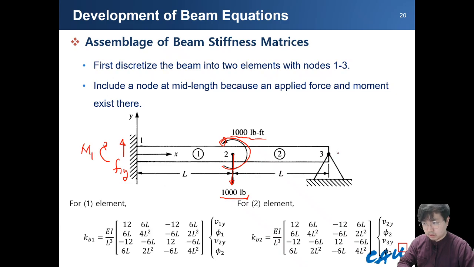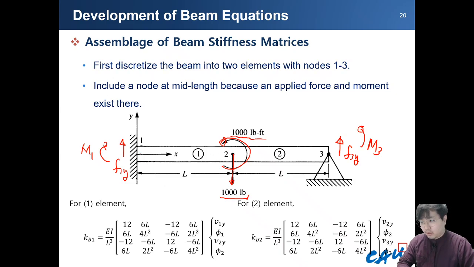This point is also a fixed point, so maybe there are some reaction forces and moment here. These two force vectors are unknown variables, so we should calculate the reaction forces and reaction moments. In the second point, the only unknown variables are the displacement and rotational angle.